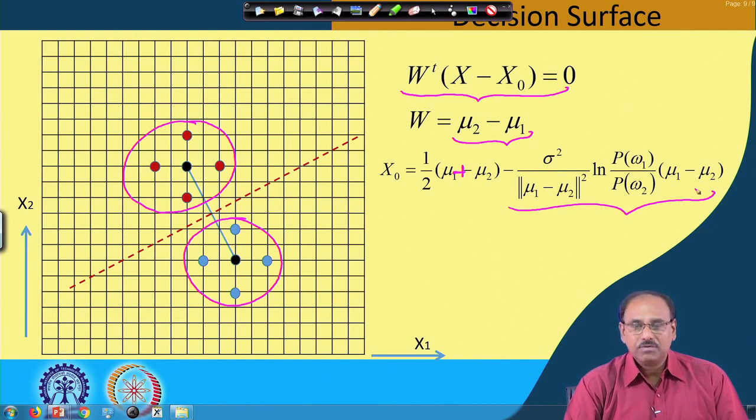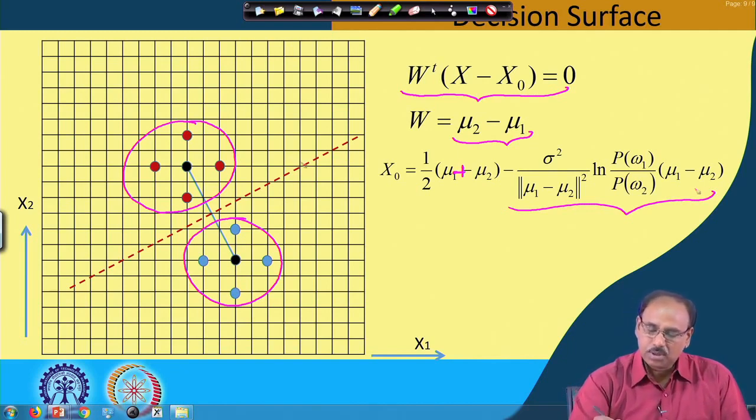The decision surface being orthogonal to W, which is nothing but the line joining mu 1 and mu 2, or the vector drawn from mu 1 to mu 2, my decision surface will be the orthogonal bisector of the line joining mu 1 and mu 2. And that is what this is. You have this blue line, which is the line joining mu 1 and mu 2.